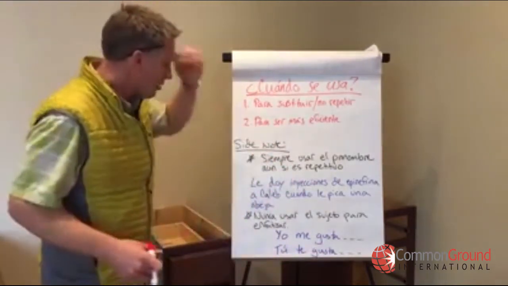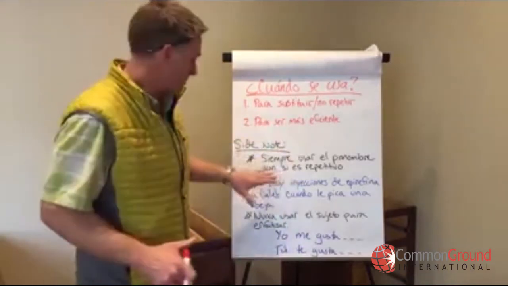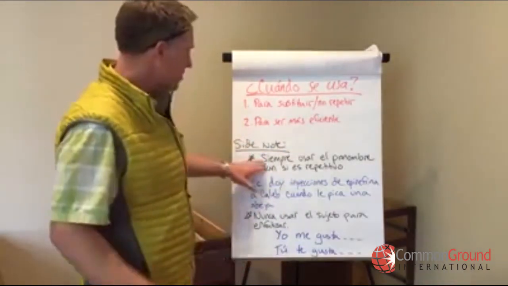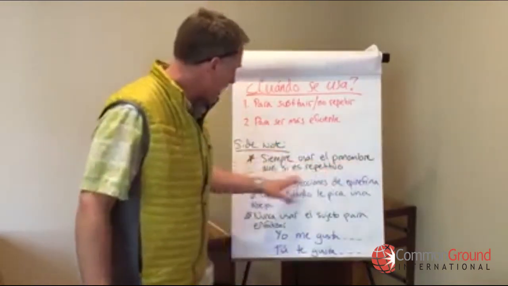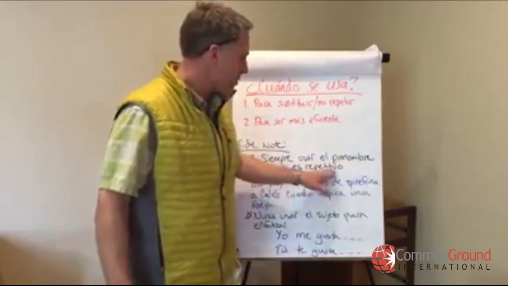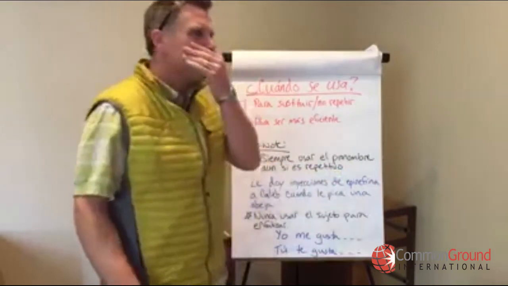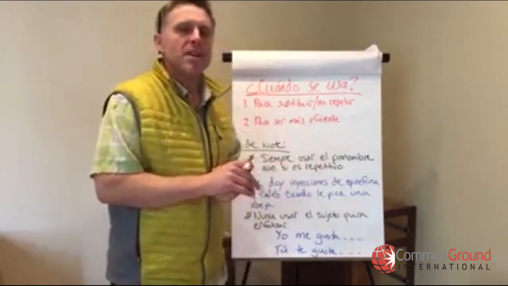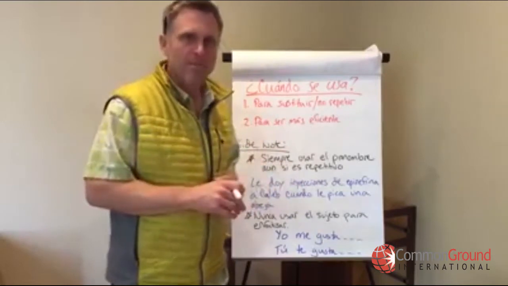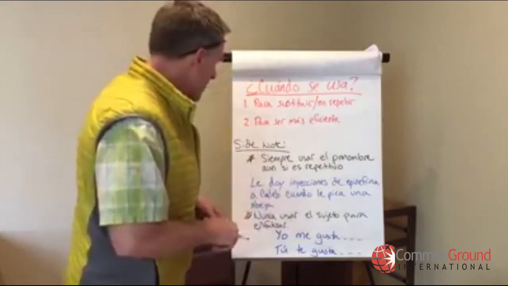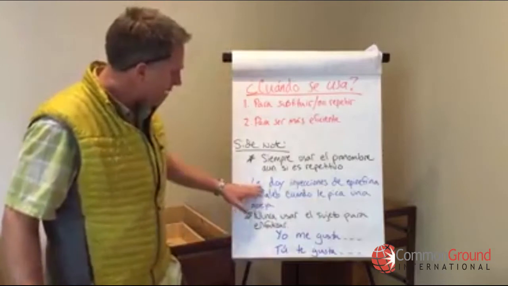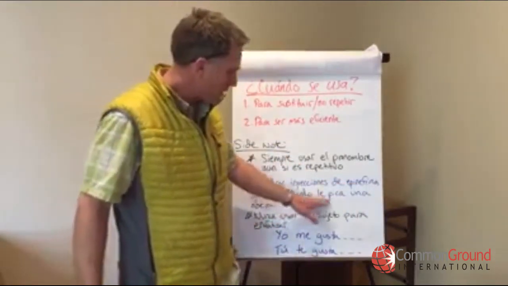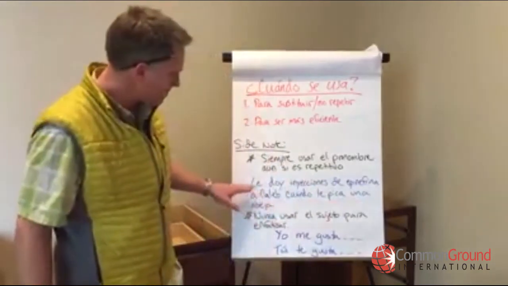So, on a side note, before we look at more practice examples, a couple things to remember about complementos indirectos. Siempre usar el pronombre aun si es repetitivo. Now, the preference for Spanish speakers is to always use the pronombre del complemento indirecto. So, for example, le doy inyecciones de epinefrina a Caleb cuando le pica una abeja.